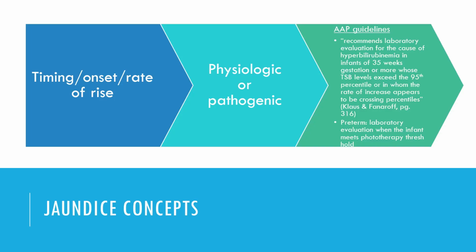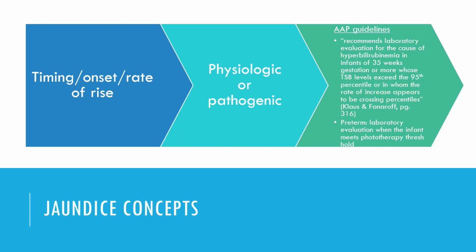I thought these AAP recommendations encompass both timing and onset in their statements for preterm and for term, and I wanted to read them to you because I think they're good. The AAP recommends, and these are general quotes, laboratory evaluation for the cause of hyperbilirubinemia in infants of 35 weeks gestation or more whose total serum bili levels exceed the 95th percentile, or in whom the rate of rise appears to be crossing percentiles.